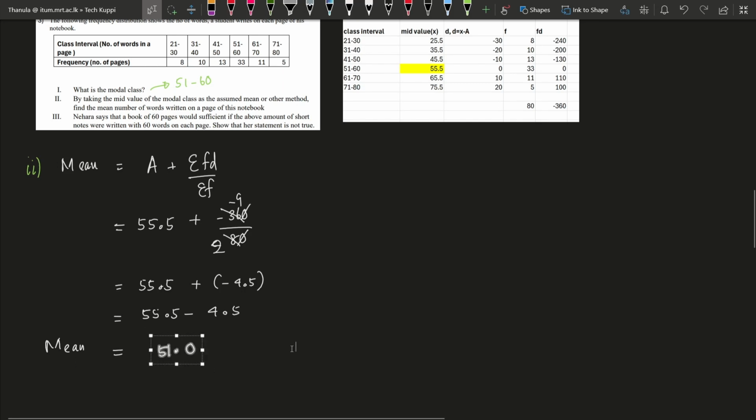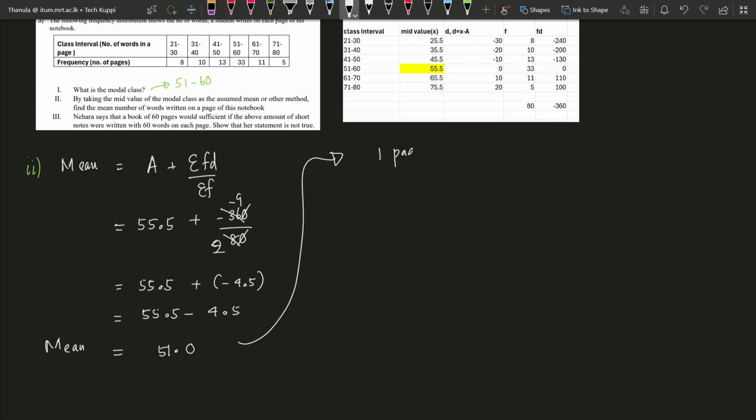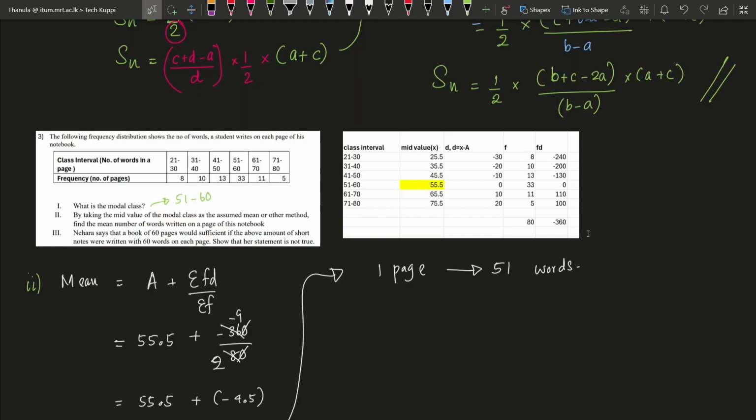That's the idea, right? Clear? The idea about 51 means for each page, generally, word count is 51. Now, in this case, the calculated answer is 51 words per page.